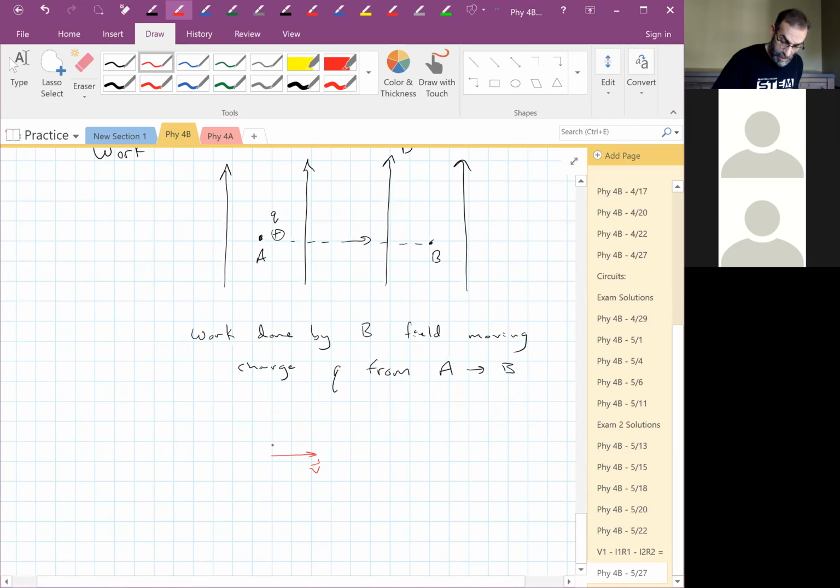B is this way. So V cross B is what direction? Out of the page. V cross B out of the page.